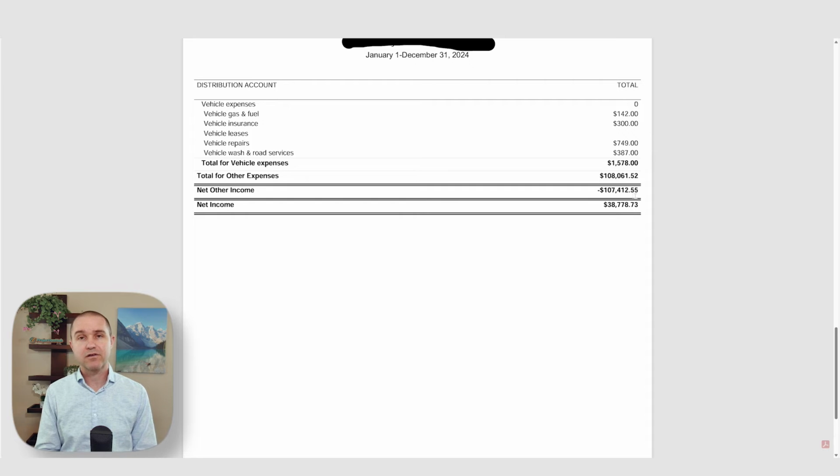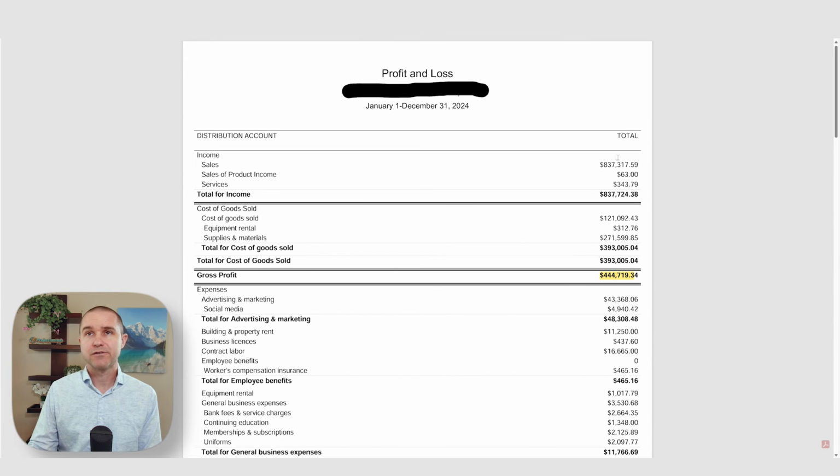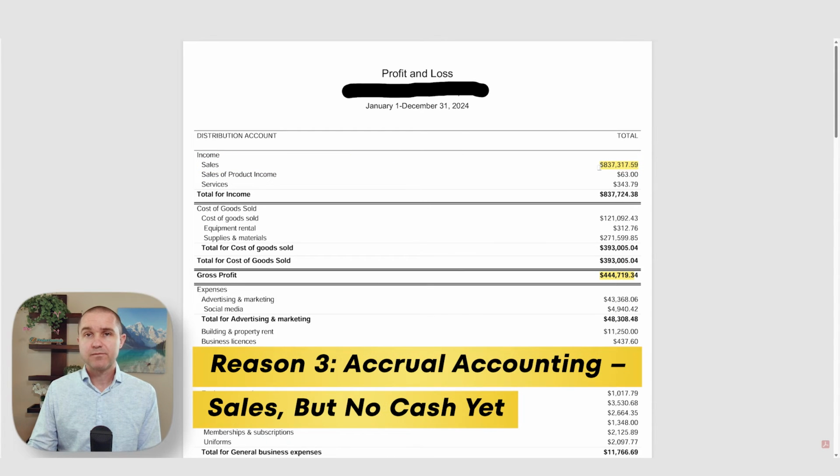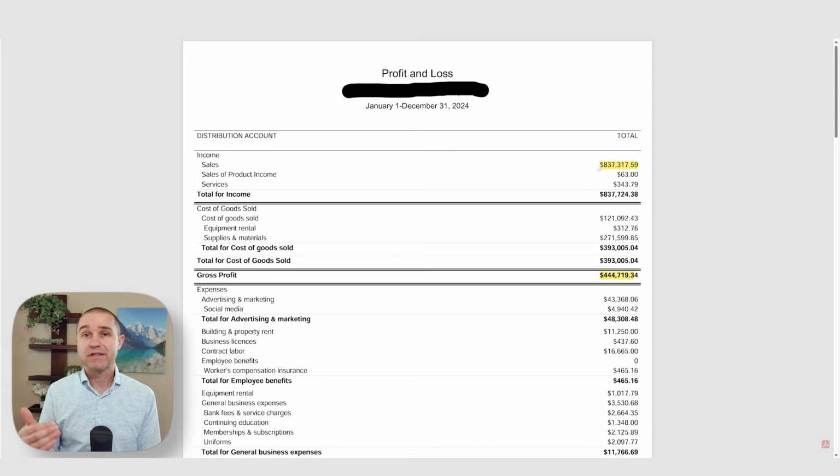Now, one other common area that you may see cash being stuck, and this could be if you are doing accrual-based accounting. Depending on how your accountant is handling your accounting, in your total sales, there could be sales that you've made that you have not collected payment for yet. So let's say you invoice a customer for $10,000 for a job, but they haven't paid that yet.